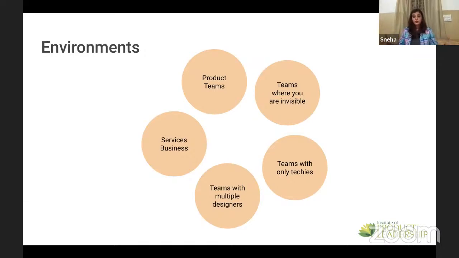Teams with multiple designers. Here is where the fun bit starts, because we all learn different schools of thought about design. Somebody is very excited about one piece, and somebody else is excited about another piece. Over here as well, to bring consensus, it makes a lot of sense to document it and put it together. The team also starts trusting you, because you're not riding on a horse saying I'm going to do my own thing, or everybody doing one piece that doesn't connect back together.